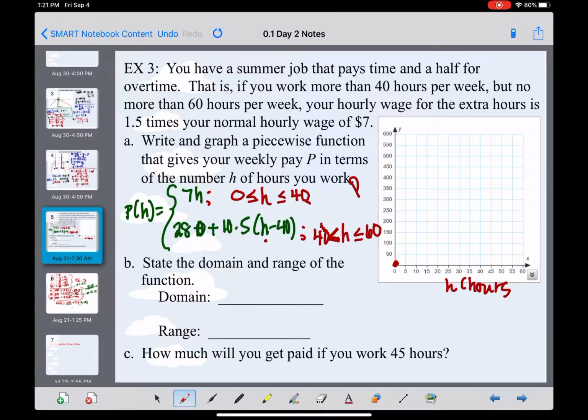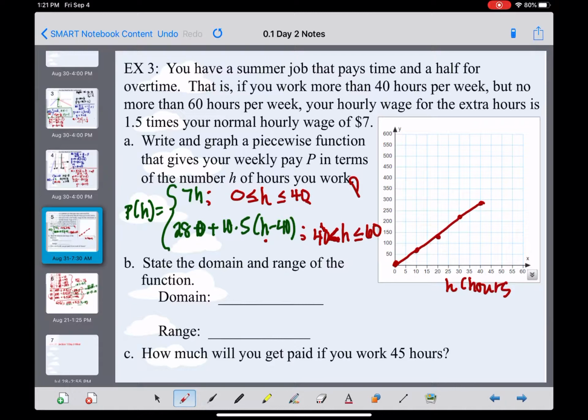You've got to work. So 20 is 140, 30 is 210, and 40 is 280. Then we pick up from where we left off.